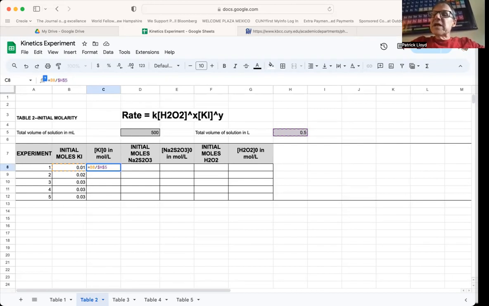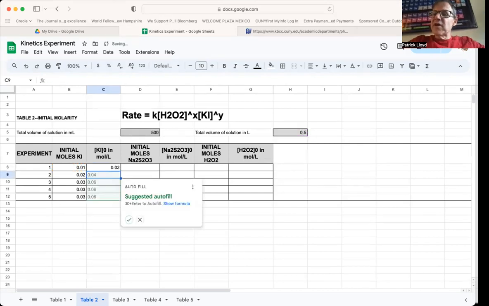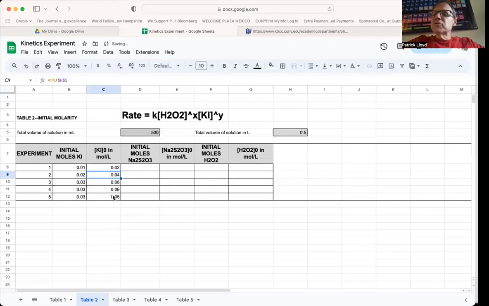What that does is it tells the software that if we do any further calculations with this, like in this column, always use H5. Don't go to H6 and then H7 and then H8. Then you can do your autofill and it'll give you the right numbers. If you just put H5, it'll go down to the next cell to do the next calculation.